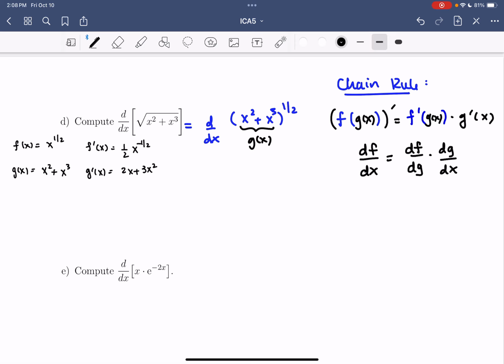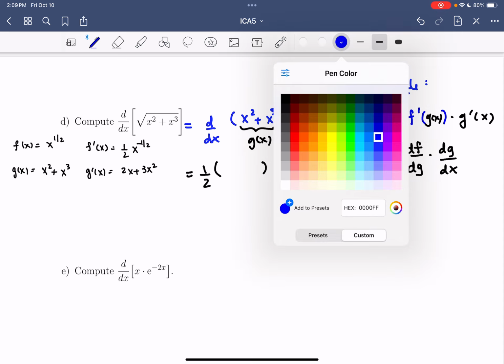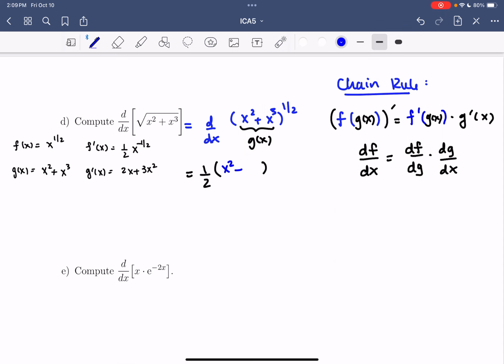So the derivative of this is equal to 1/2, replace x with g of x. So I get x squared plus x cubed, and then don't forget the exponent, so negative 1/2. And then multiply by the derivative of g, which is 2x plus 3x squared.